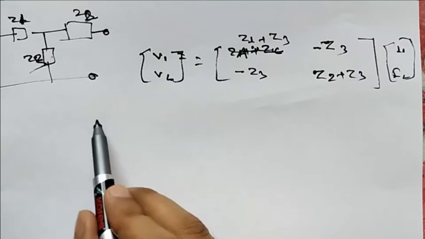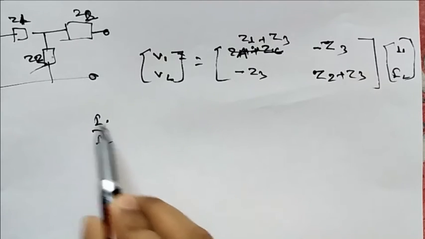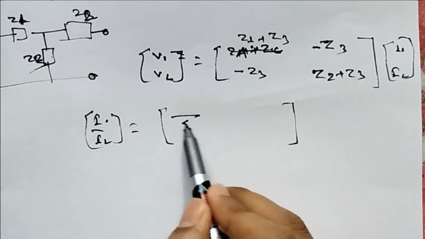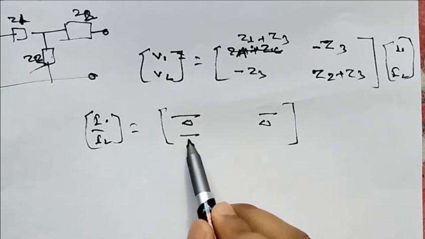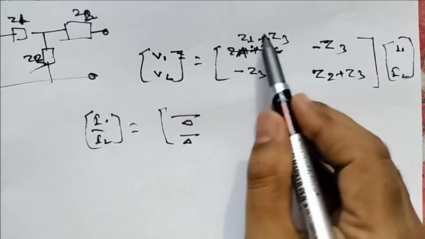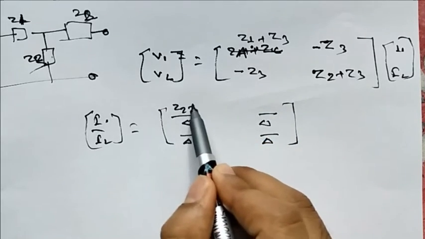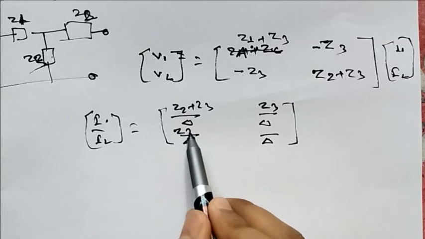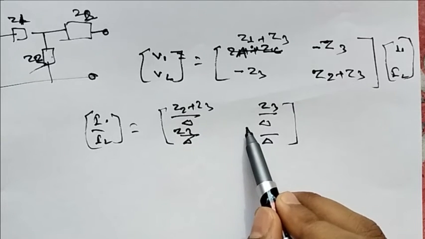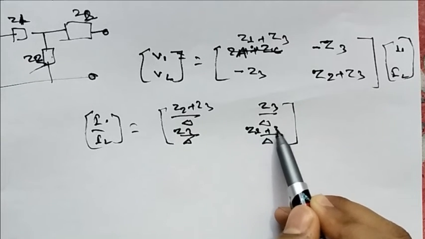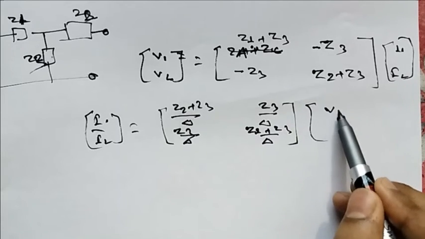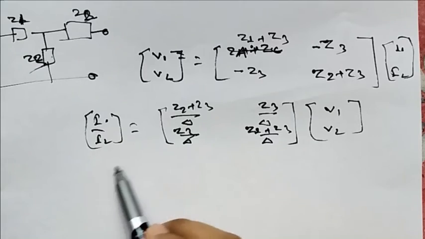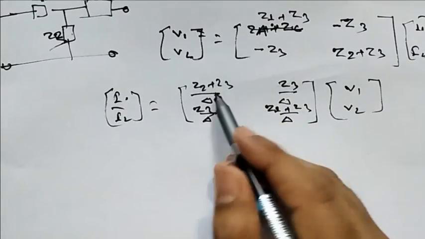Now if you want to inverse this function in terms of I1 and I2, taking the inverse, just write delta everywhere, and in the numerator, just replace with z2 plus z3, and just change the sign of z3, and this will also be z3, and this is going to be z1 plus z3, into v1 v2, and this is nothing but your inverse function of this one.